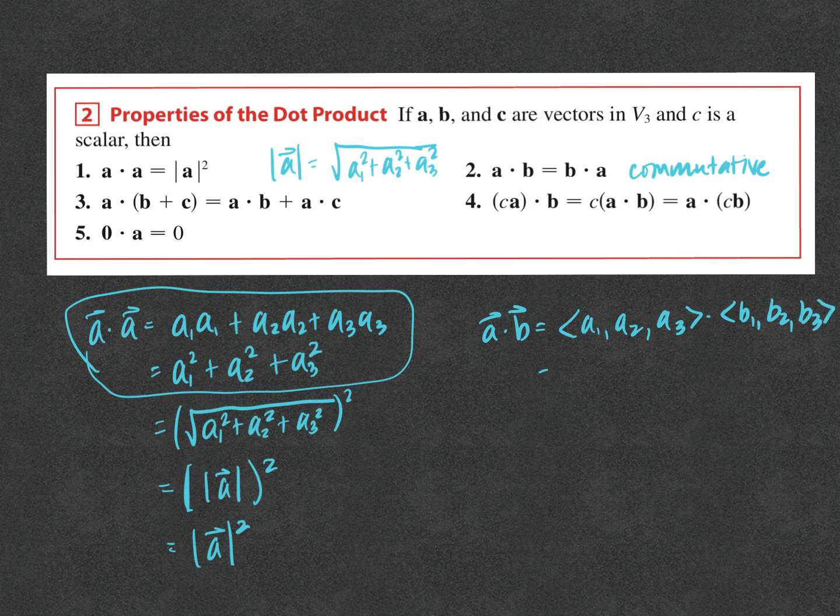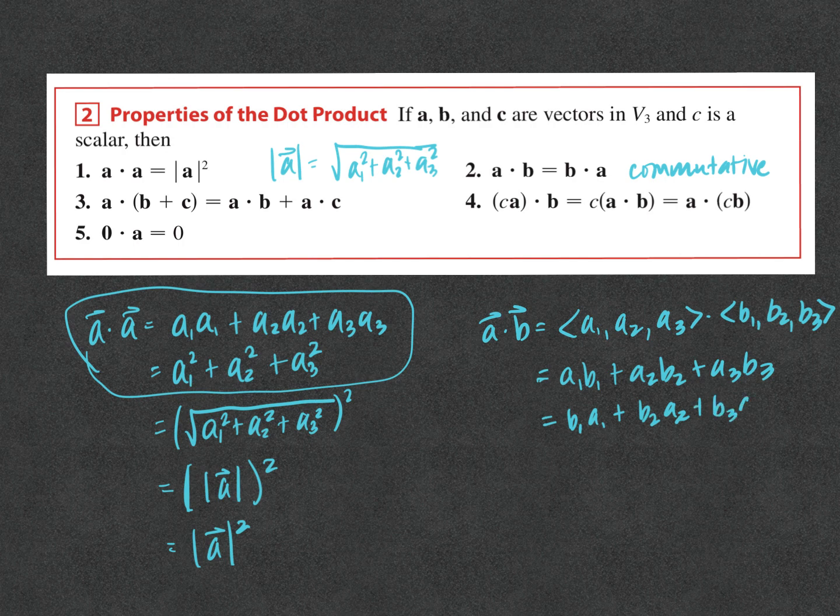So let's do the dot product and multiply those, and we get A1B1 plus A2B2 plus A3B3. Now what we really want to do is switch those, but remember that all of those components, A1, B1, A2, B2, all of those things are real numbers. So A1B1 in real numbers is the same thing as B1A1. So we can use the commutative property on the components because they are numbers in R3, which means all of them are real numbers.